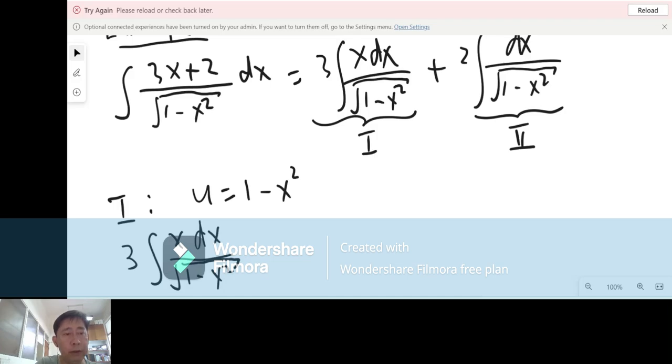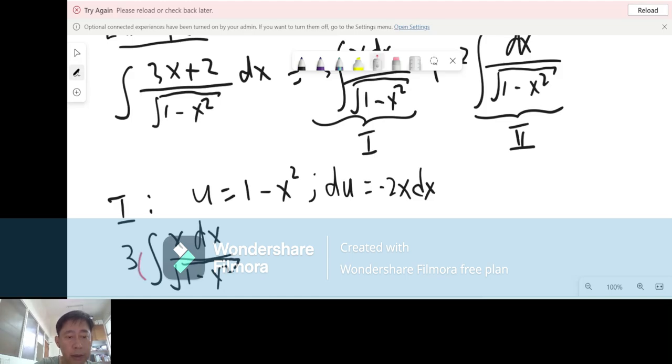Once we have introduced the substitution rule, the differential of u is minus 2x dx. So the integration 1 can be cast into the form of 3 times x dx in the numerator, where x dx is just du divided by minus 2. So we write x dx as du over 2 with a minus sign, whereas the denominator is the square root of u.